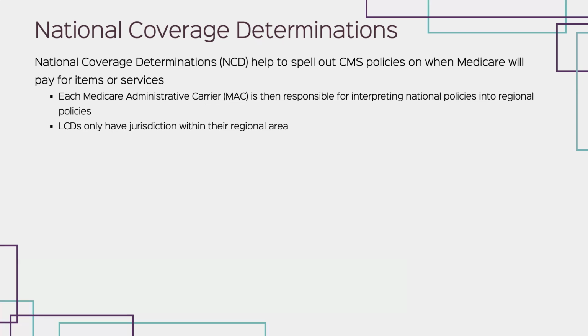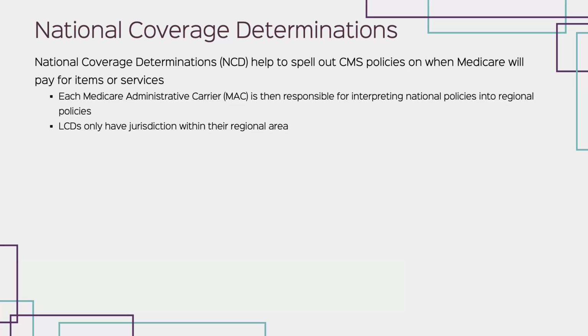So those national coverage determinations, or your NCDs, those will describe whether your specific medical items, services, treatments, procedures, or technologies can be paid for underneath Medicare. Your Medicare administrative contractors are going to be responsible for interpreting those national policies into regional policies.